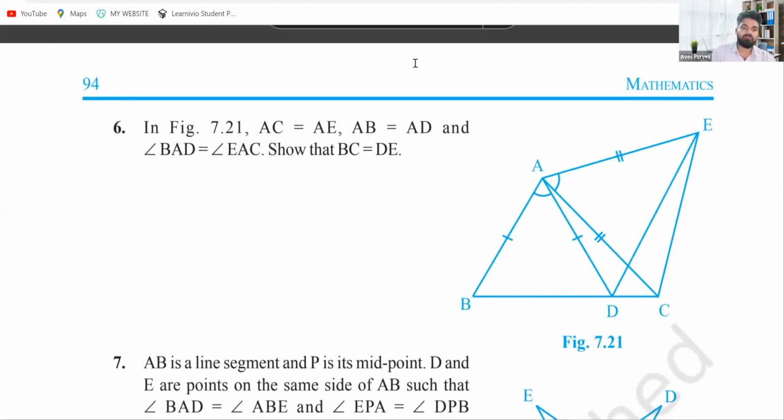We need to prove that. So if we need to prove this one, let me read this question.